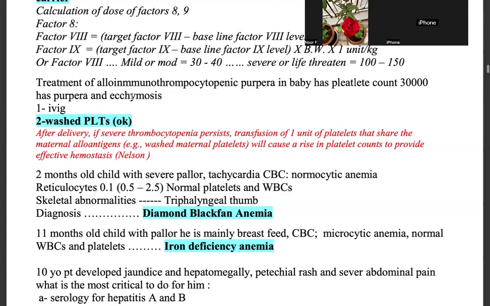Treatment of alloimmune thrombocytopenic purpura in a baby with low platelets. We already read this, but let's see what Google says.